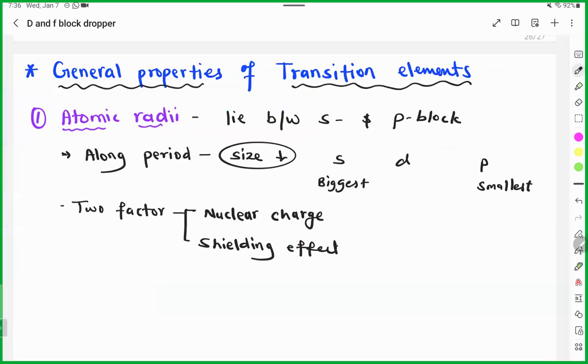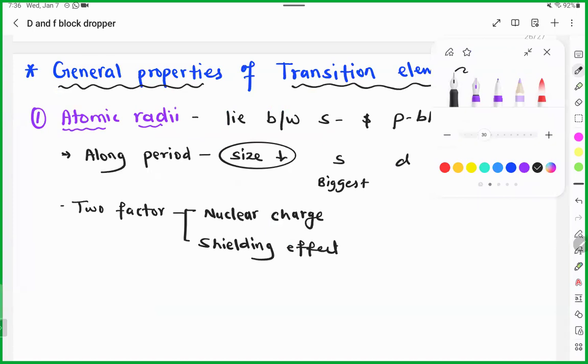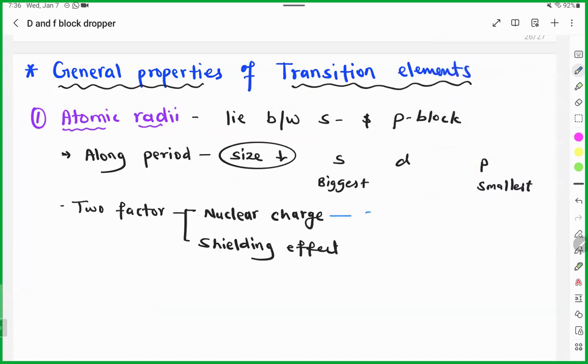So, Pratigya, what is the role of nuclear charge and shielding effect? Nuclear charge decreases the size and shielding effect increases the size. Answer fast or say, I'm not sure. Okay.